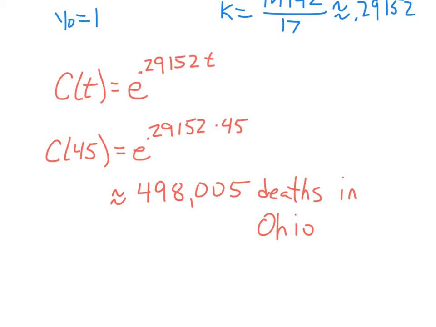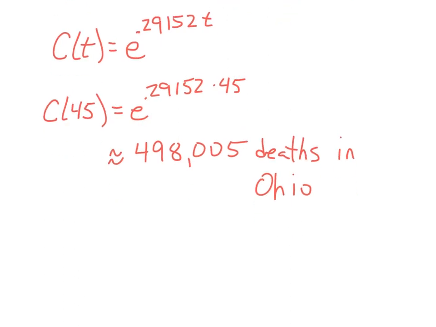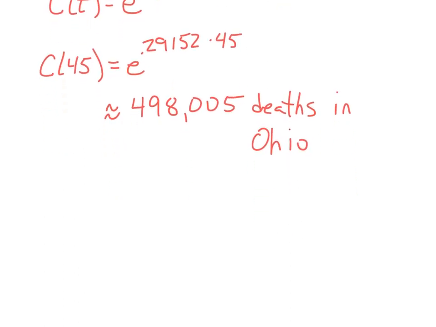Another thing that we can do that I wanted to do here is we can actually find the doubling rate. So let's do that also. Now that we have our K, we can find that really simply.